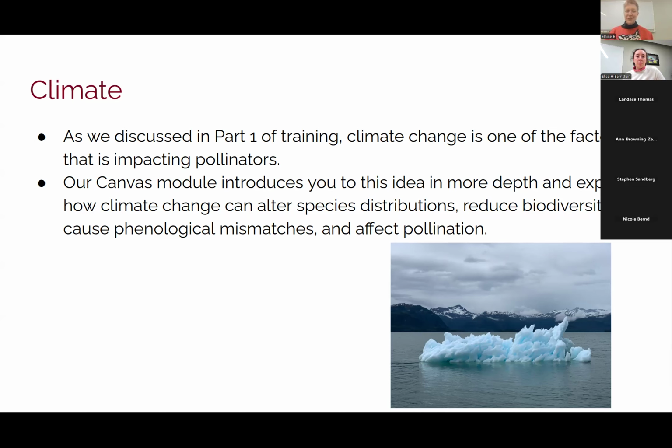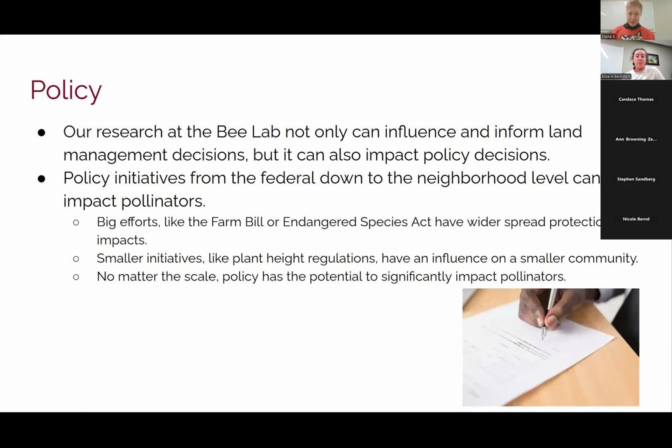Climate change research tends to need to be done over a longer period of time, or people are doing experiments where they have setups where they can mimic future climate and see how it impacts insects. Again, it's an evolving thing as new research is coming in, but we have it up to date with where we're at now for our understanding of climate and pollinators.